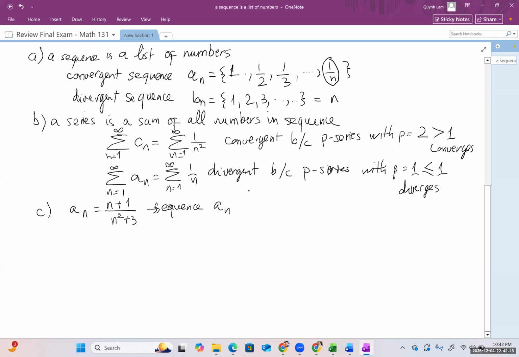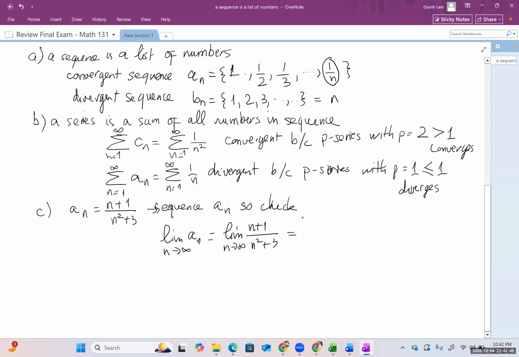Check the limit of a_n for n going to infinity. We right now have the limit of (n plus 1) over (n squared plus 3) for n going to infinity.